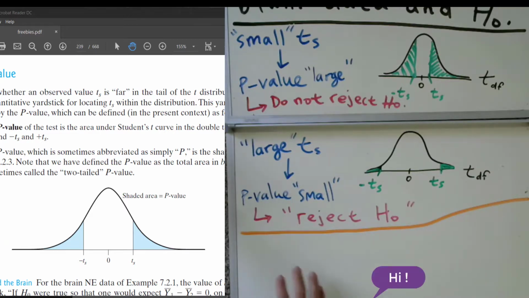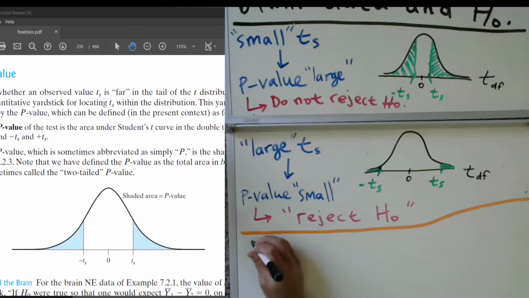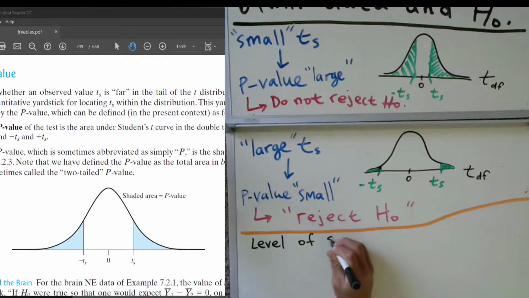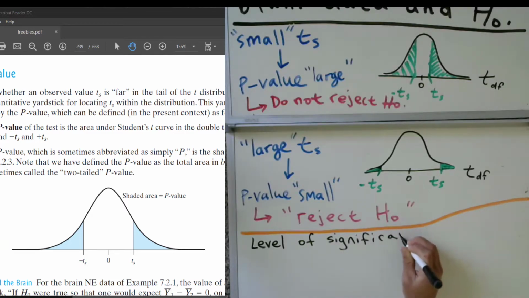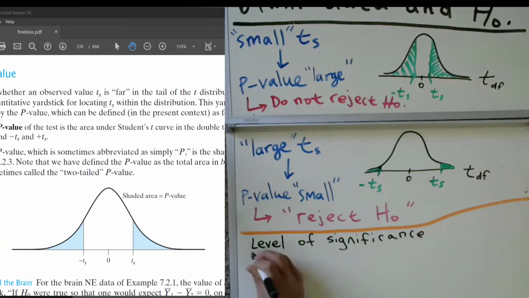The way that this has been established is that we compare the probability, the p-value, to some threshold. This threshold is called, and you've heard of this, the significance level, the level of significance.